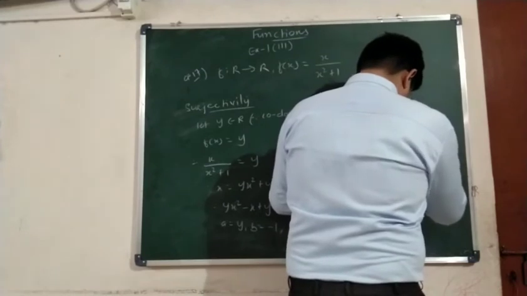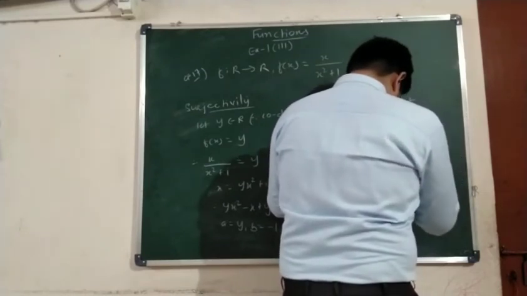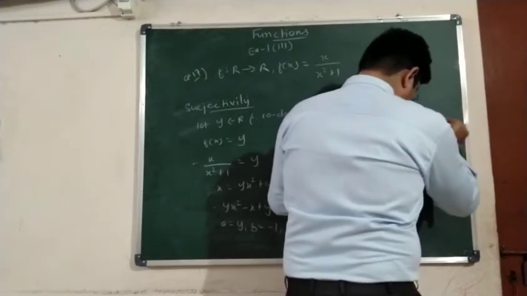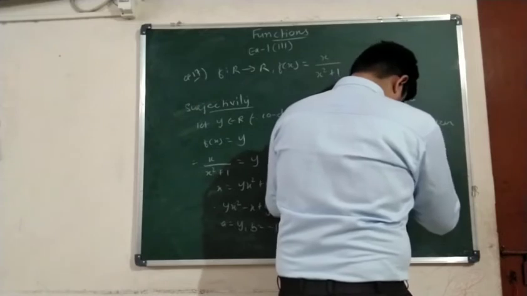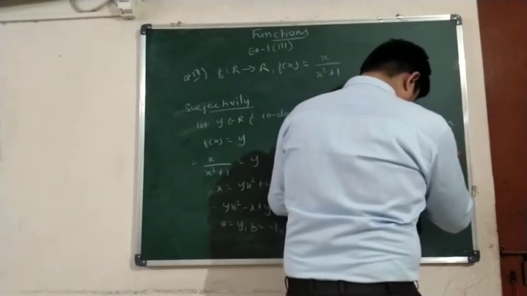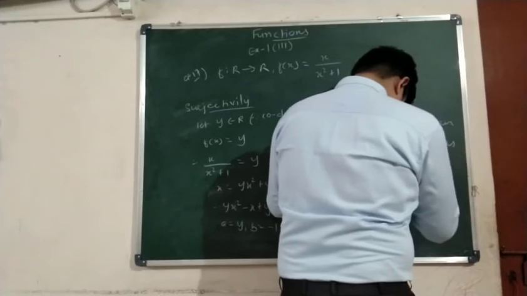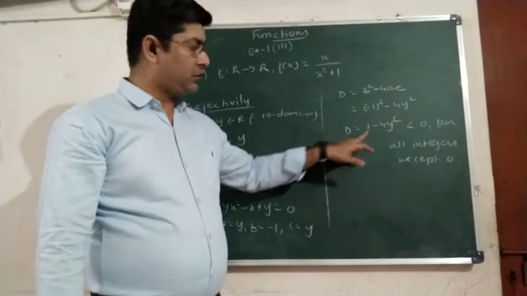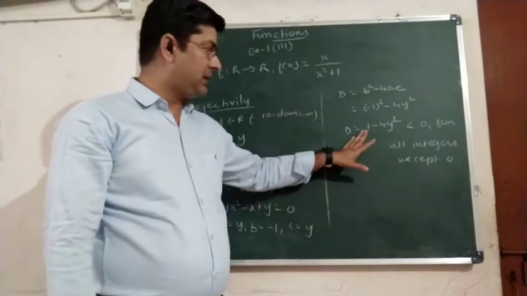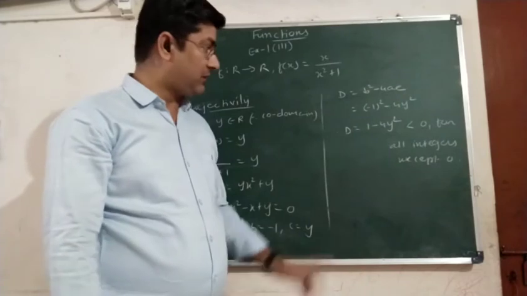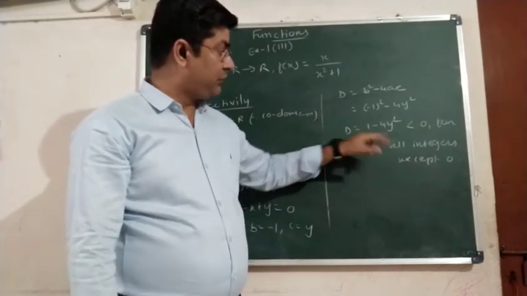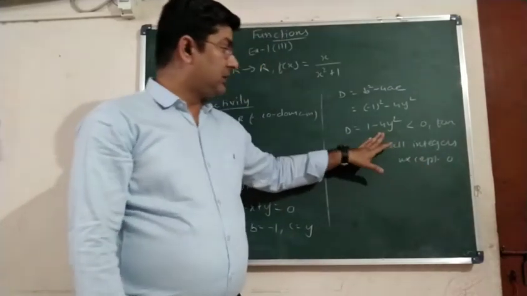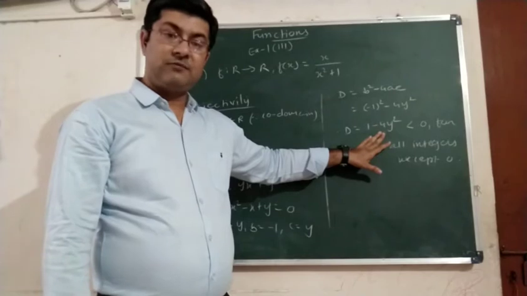So this will be negative for all integers except 0. If you put 0 over here, you will have real roots because D is equal to 1, which is greater than 0. But if you take integers, positive or negative, other than 0, then obviously this will be an imaginary number.